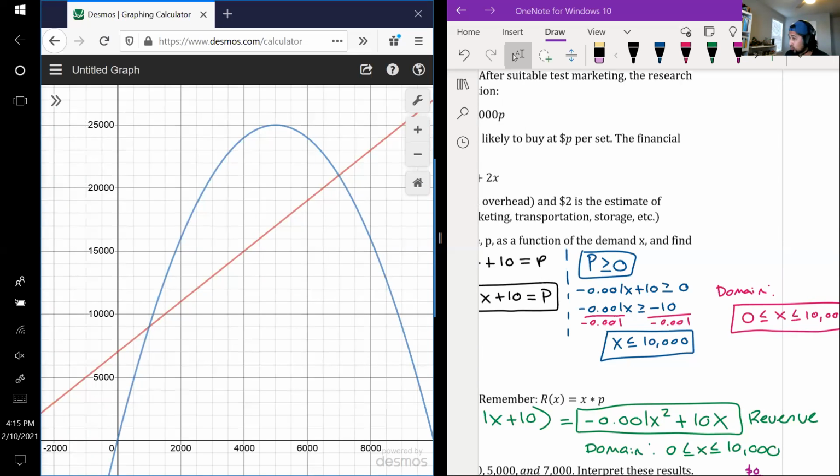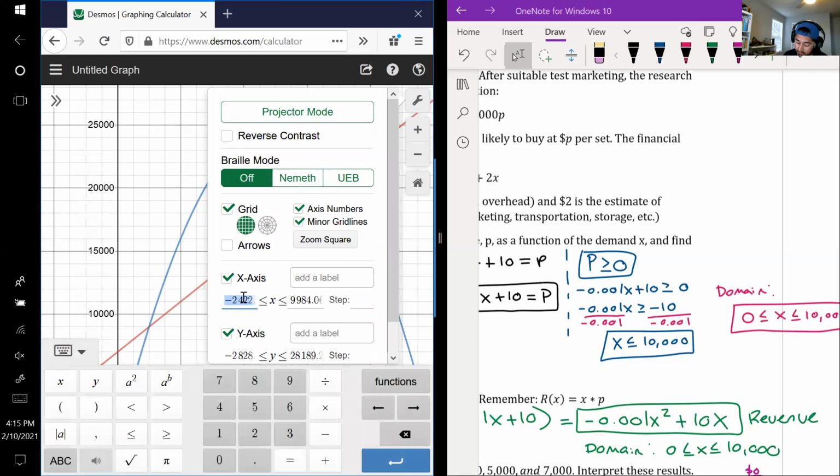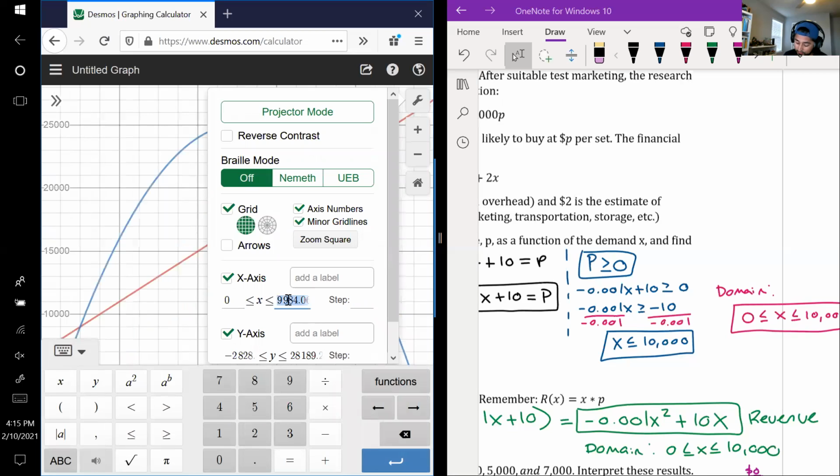So there's a little wrench icon in the top right corner. If you click on that, it's going to have the restrictions for the x-axis and y-axis. So for my x-axis, I'm going to put in what our domain is, 0 to 10,000. And then for my y values, I'm going to start at 0.